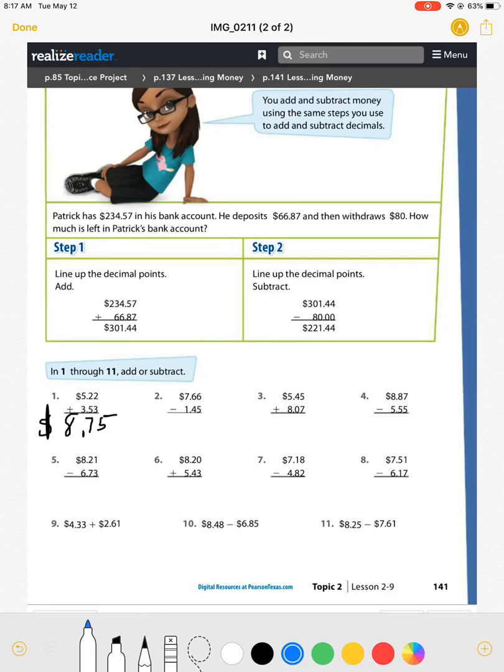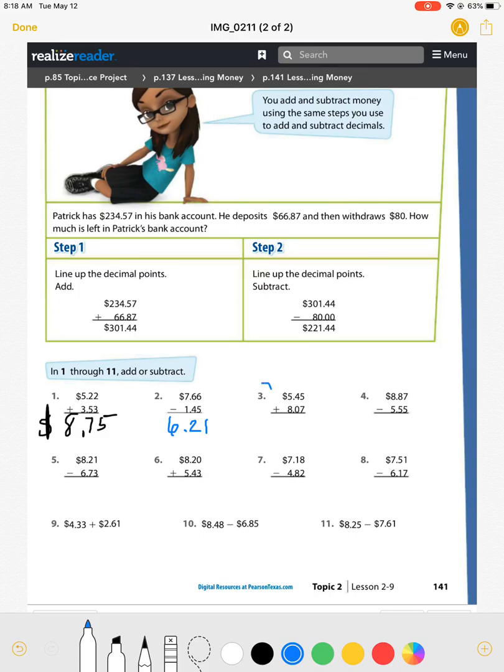Let's do number 2. $7.66 minus $1.45. 6 minus 5 is 1. 6 minus 4 is 2. 7 minus 1 is 6. $6.21.